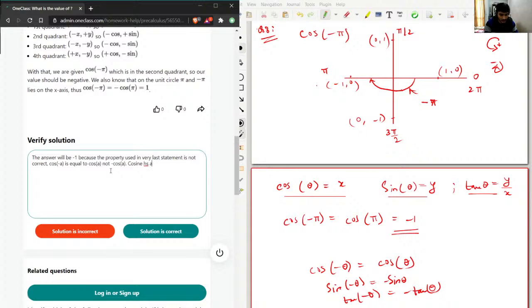Cosine has a special... I'll just skip this.